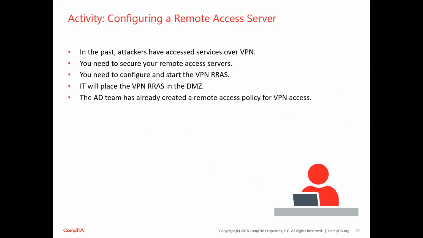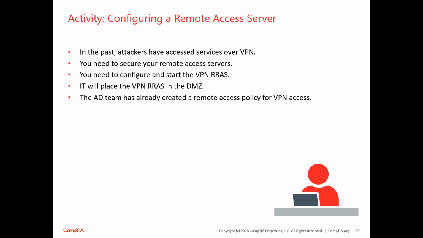You can try an activity like configuring a remote access server, but you will need at least a Windows Server operating system like Windows 2008, 2012, or later versions like Windows Server 2016 and 2019.